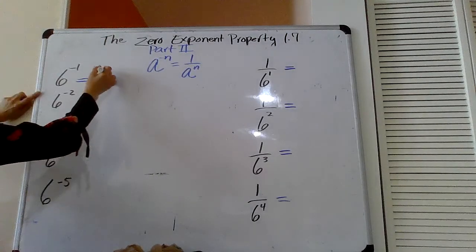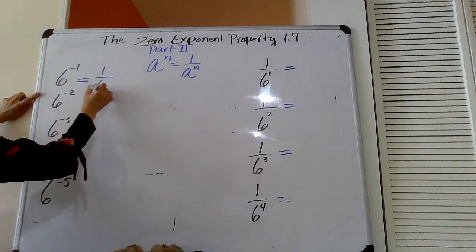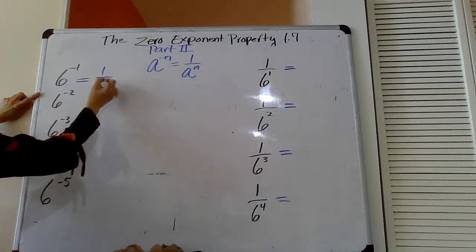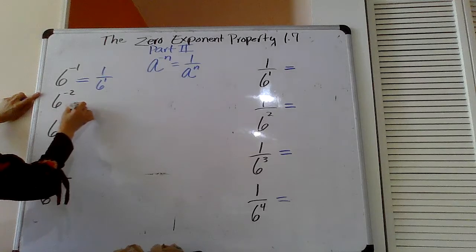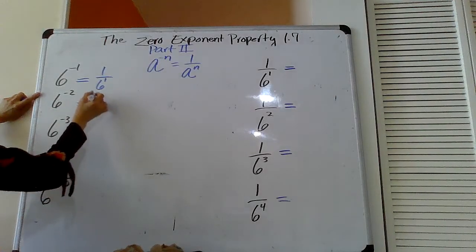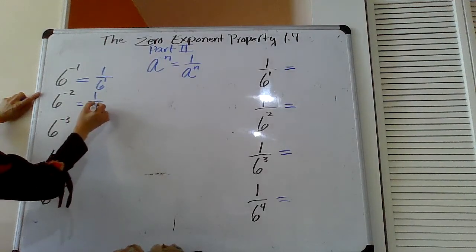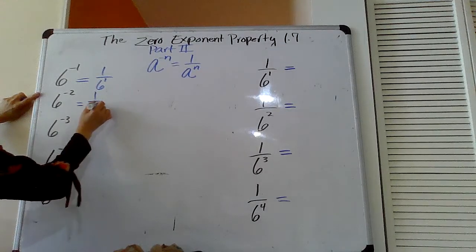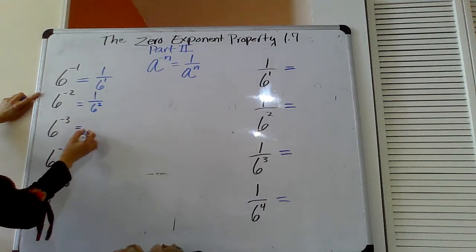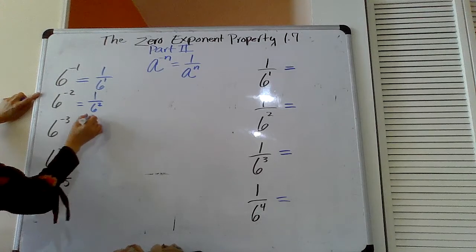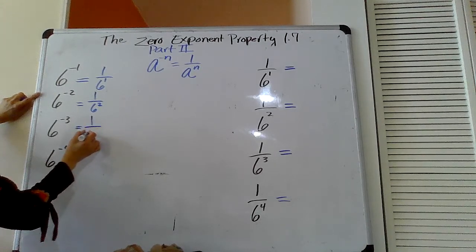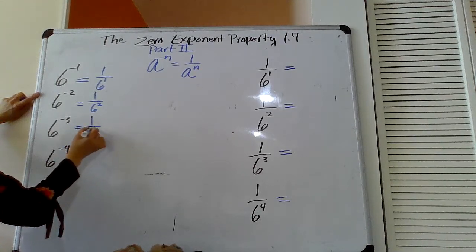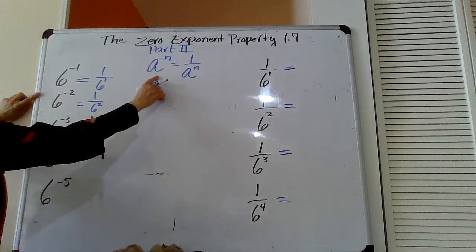So this is the same thing as 1 over 6 to the first power, correct. Try this one here. 1 over 6 squared. What about the next one? 1 over 6 to the third power. You see, we're following this definition.